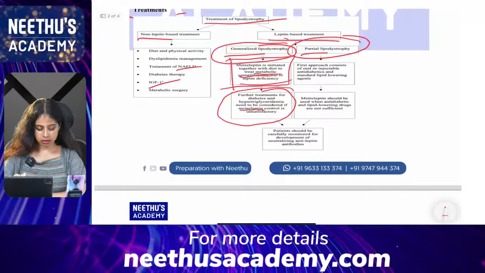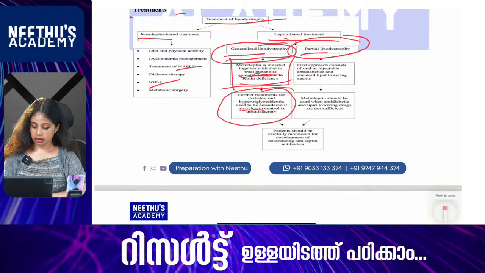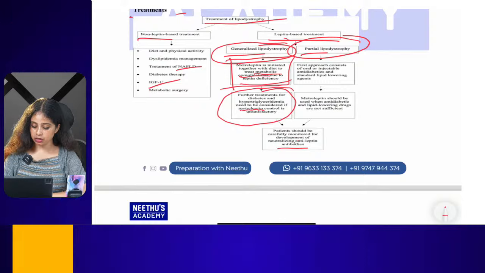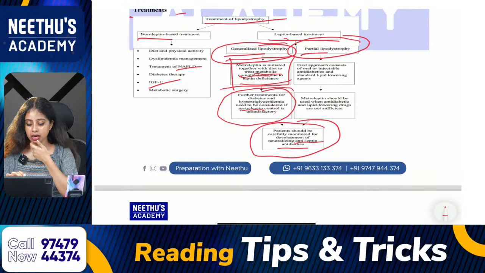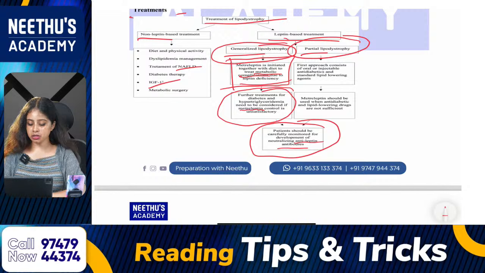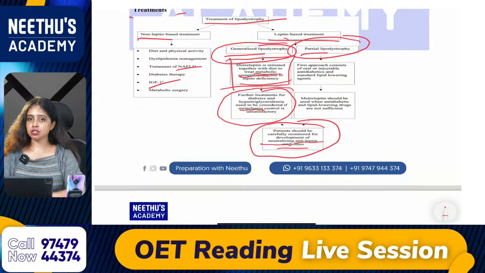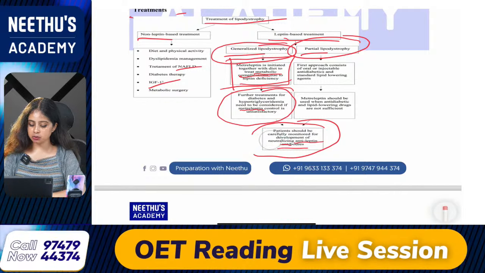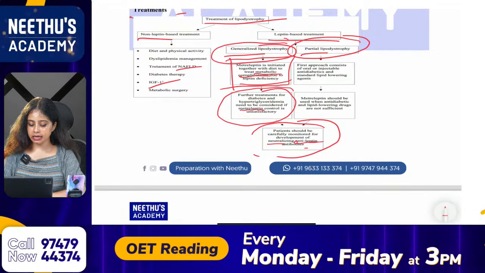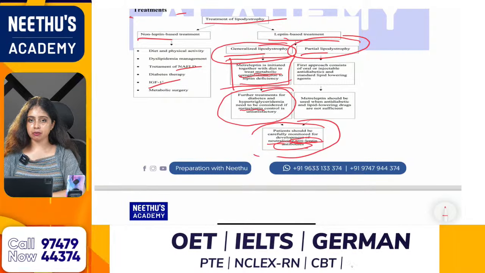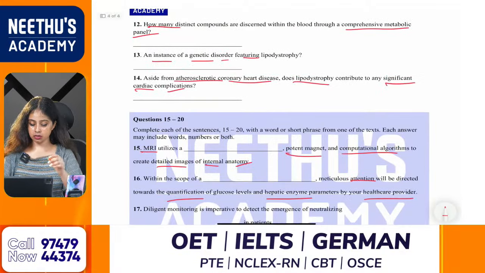As you can see here, it is anti-leptin antibodies, from the last box. Patients should be carefully monitored for development of neutralizing, so the keywords from the question are mentioned in the last box. Answer is anti-leptin antibodies. So that is the correct answer.